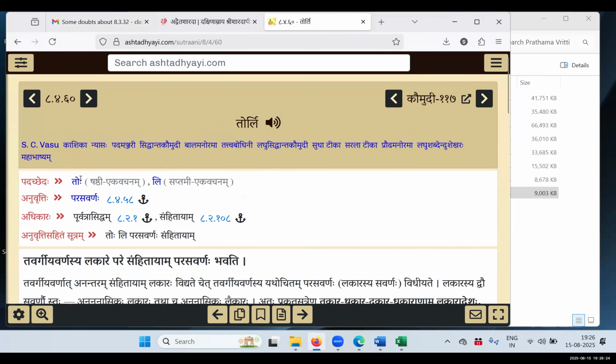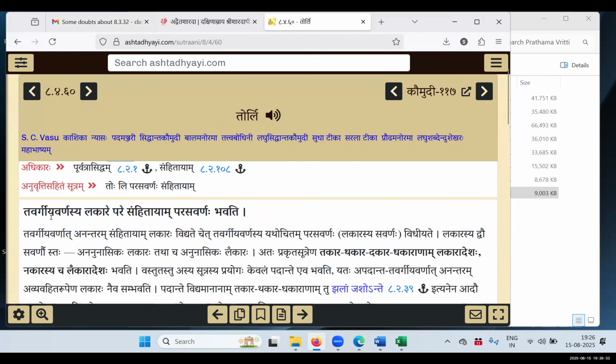Torli. So you can see Toho, 6th case, Li, 7th case. What is the Anuvritti? Parasavarnaha. Therefore, Tavargiya varnasya lakare pare samhitayam parasavarnaha bhavati. When you have a Tavarga letter followed by a lakara in a samhita, sandhi situation, then that takara will be replaced by parasavarna, which is la only.